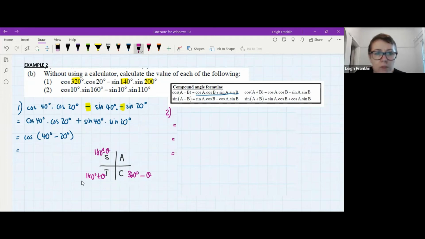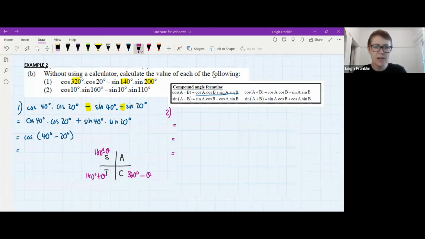Okay, so that's why we would have the sine 40 and then the negative sine 20. Does that make sense to everybody? Are we okay, Matrix? Okay, so everybody's saying, yes, we seem to be fine.